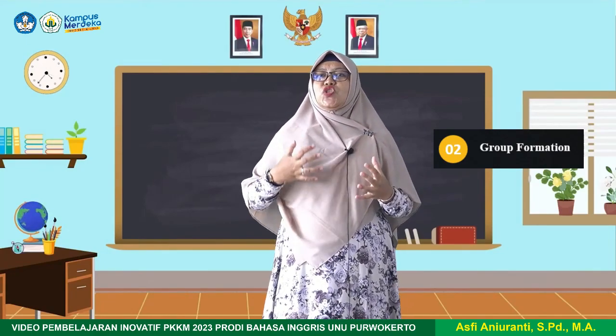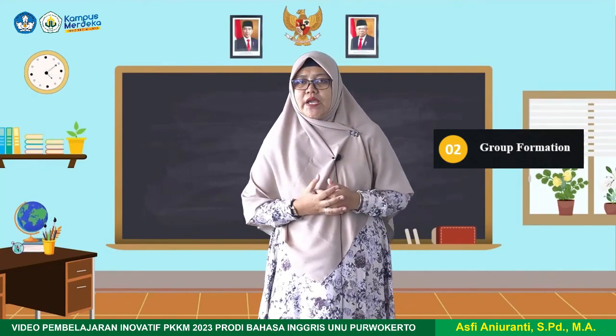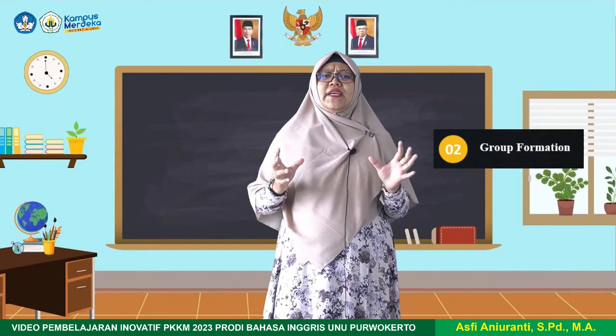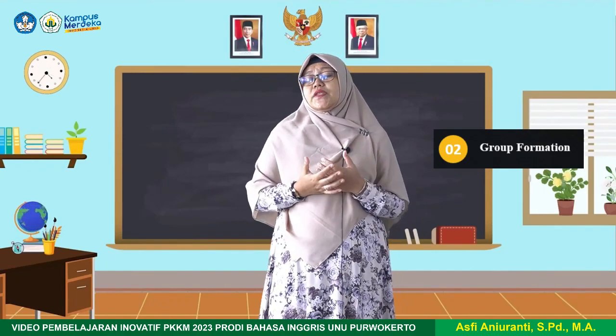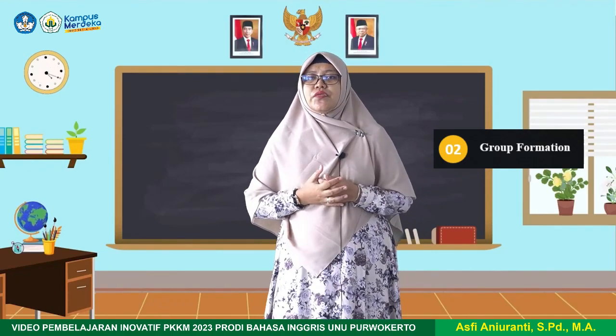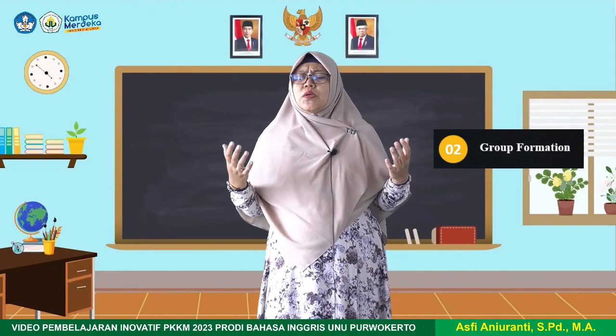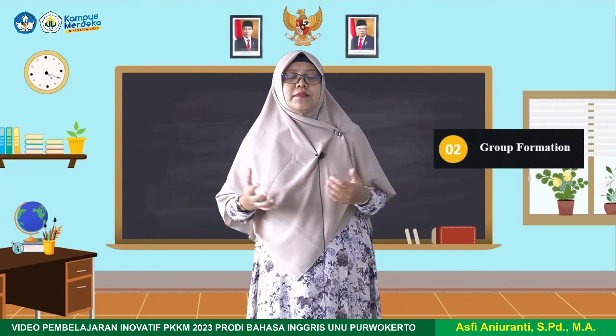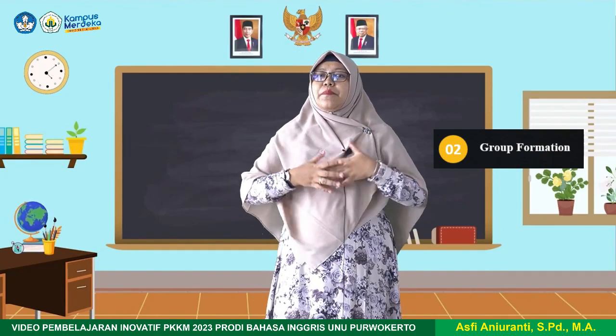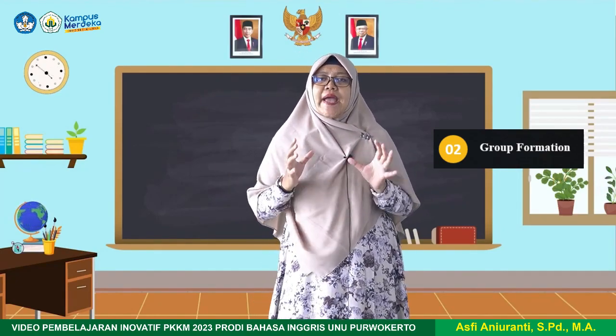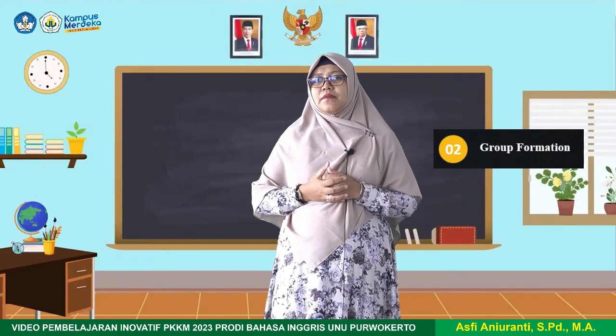So they are going to work in that way. But actually, in Numbered Heads Together, the teacher is also allowed to let the students make their own group, or to make the groups randomly. But the best suggestion here is to make the heterogeneous group.